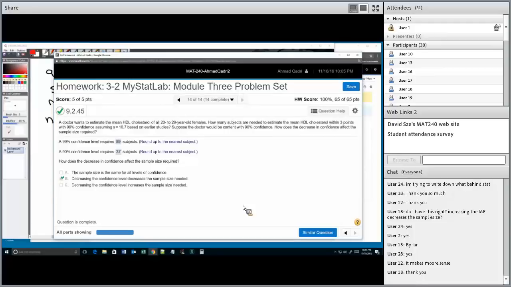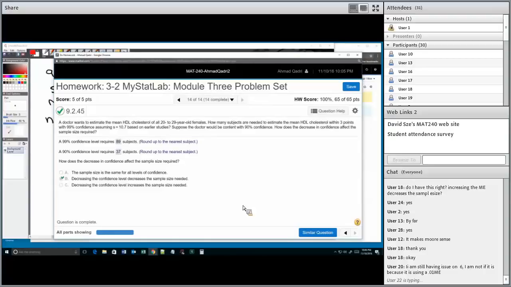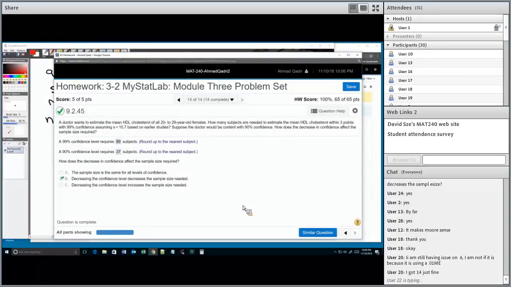And because I can live with having a larger room for error, I need fewer cases. If my margin of error is lower, what I'm saying is I cannot live with a larger room for error. I only have a very, very small room for making an error. And because now I have a very small room for error, I need a larger sample size so that there's less chance for me to make an error. Does that make sense?